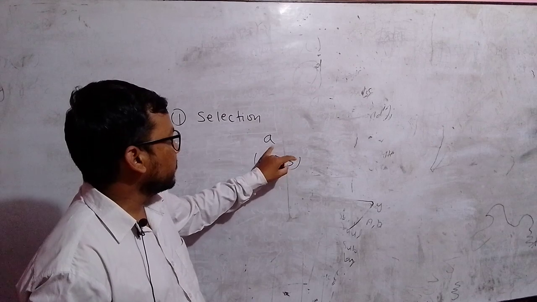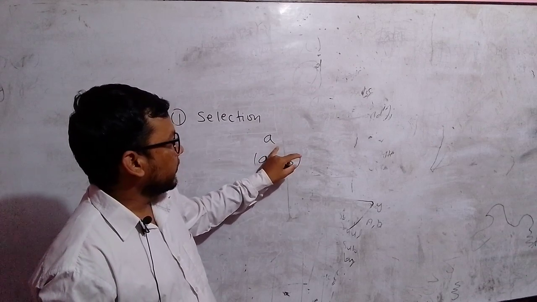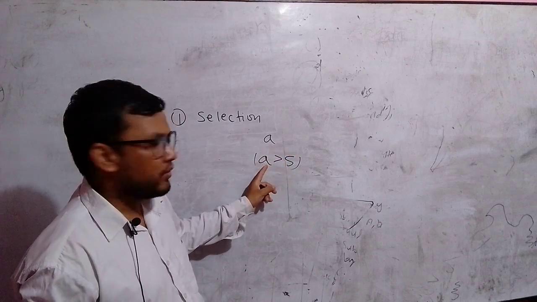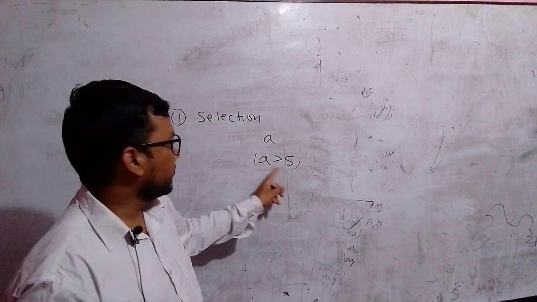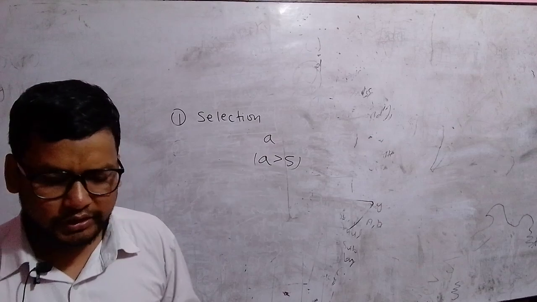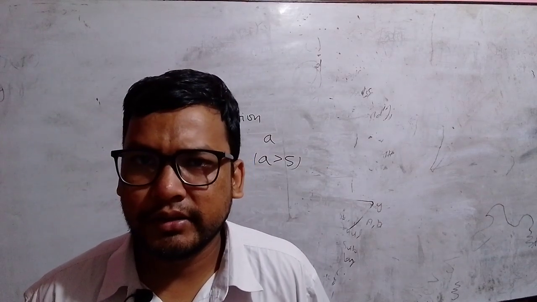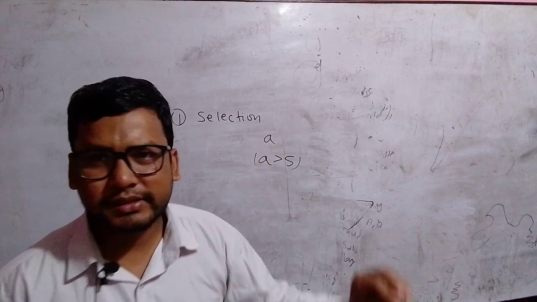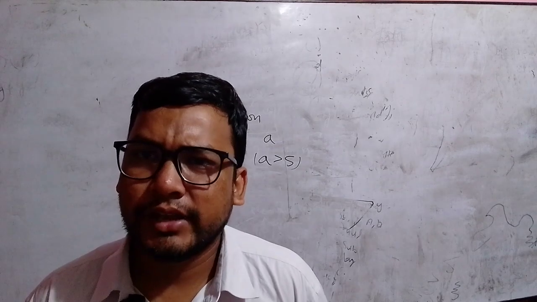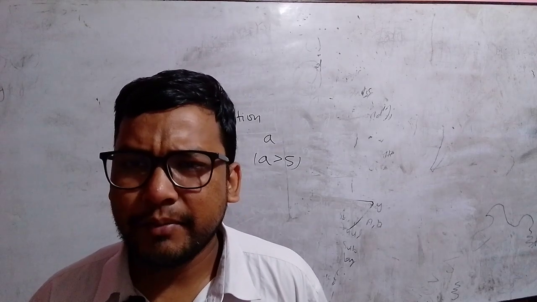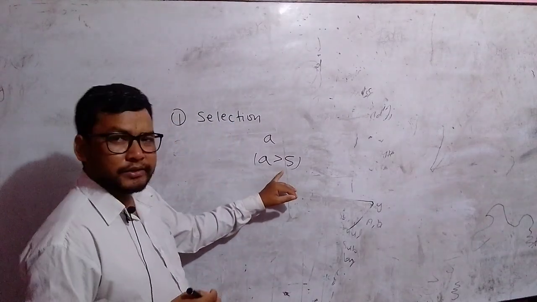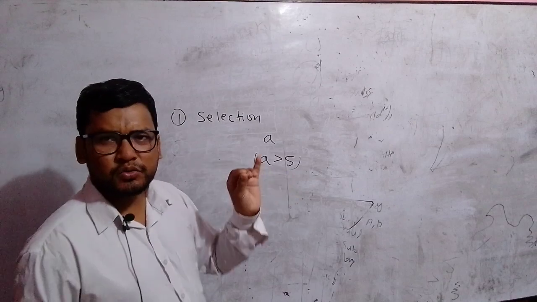We need to enter a value of a from the keyboard. If we enter a value of a greater than 5, then this condition gives true. Conditions in the programming language that come with selections give only two results, either true or false.